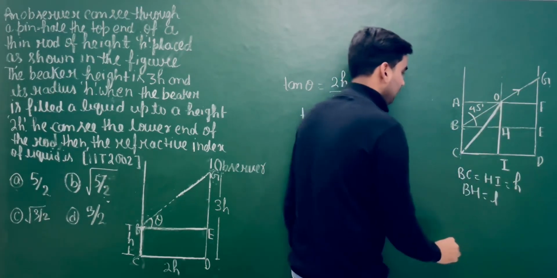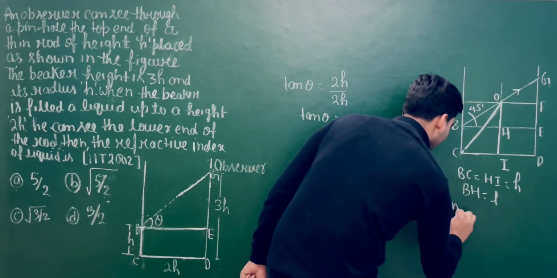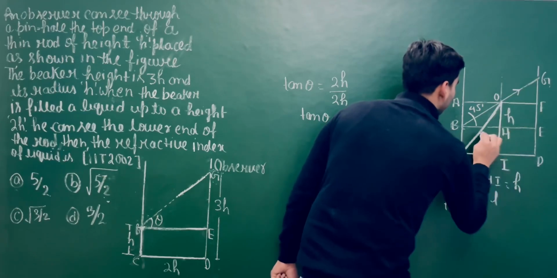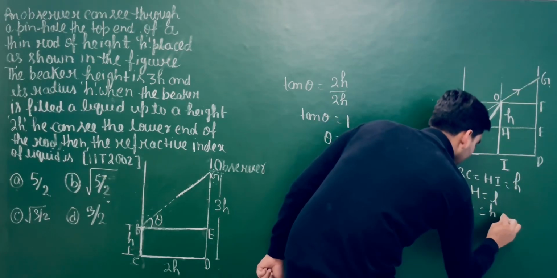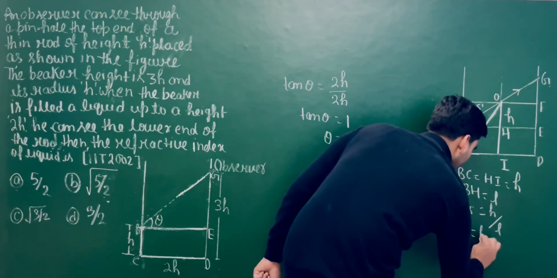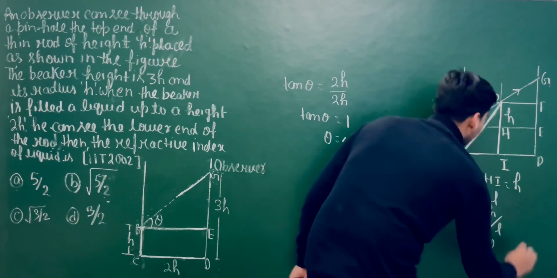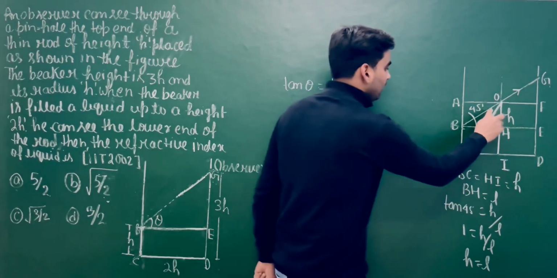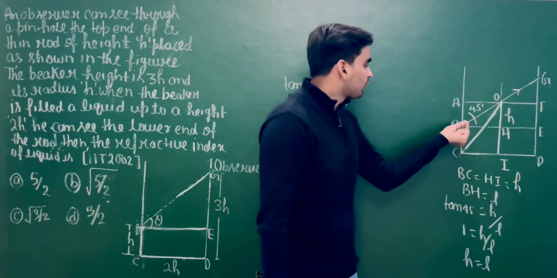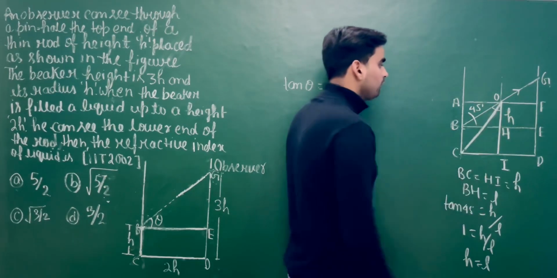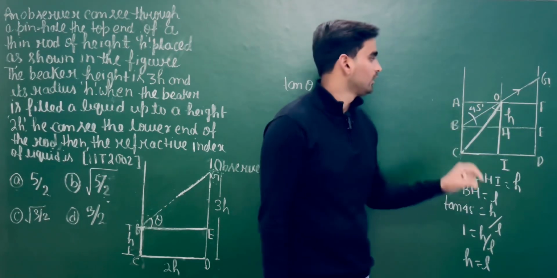This angle is 45, then tan 45 equals h upon L. 1 equals h upon L. This gives h equals L. This angle is 45 in this triangle OBH. Then this is also 45 because it is 90.